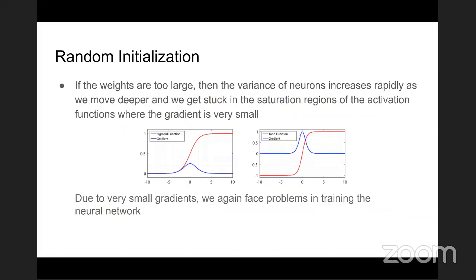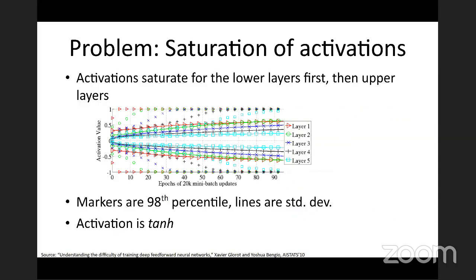What has been shown in one of the papers that first analyzed this condition quite a bit is this. Basically, they plotted epochs or training iterations on the x-axis, and they looked at the activation value of neurons in different layers.